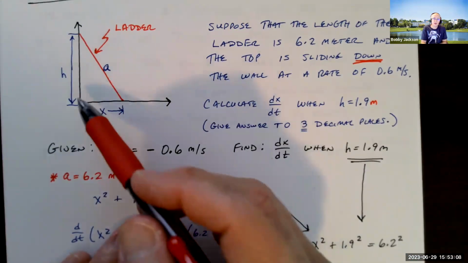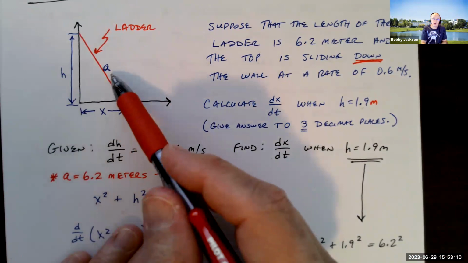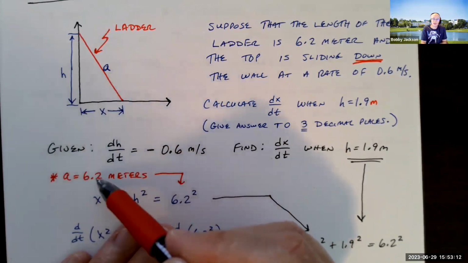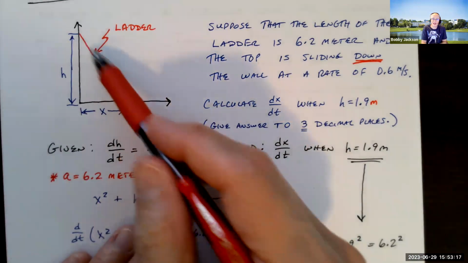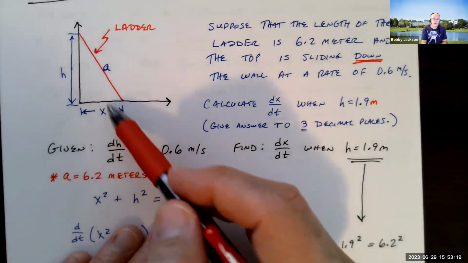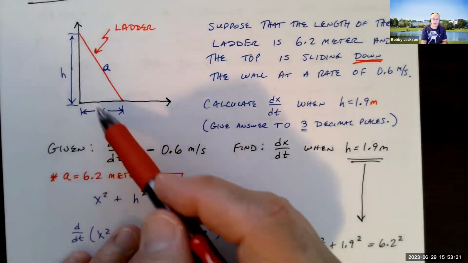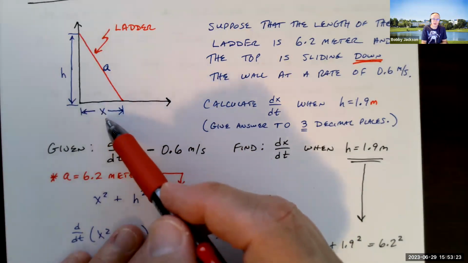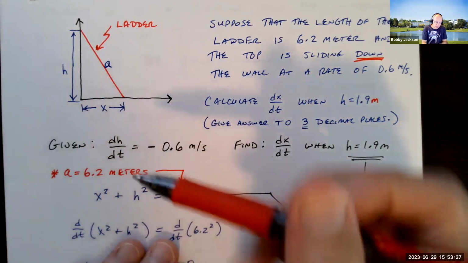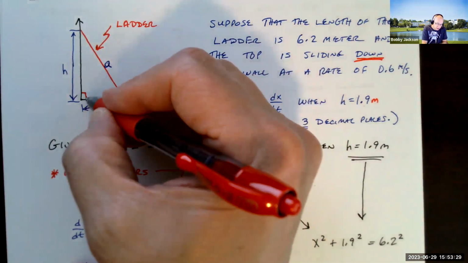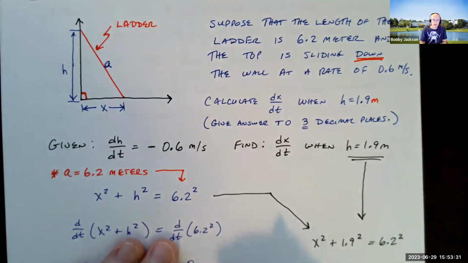So what's the equation that relates our variables of interest? Remember, a is not a variable. It's 6.2 meters, a fixed quantity. The ladder length is not changing. Clearly the equation that relates our variables x and h is the Pythagorean theorem. x squared plus h squared is the hypotenuse squared, since this is a 90-degree angle and the hypotenuse is the length of the ladder.